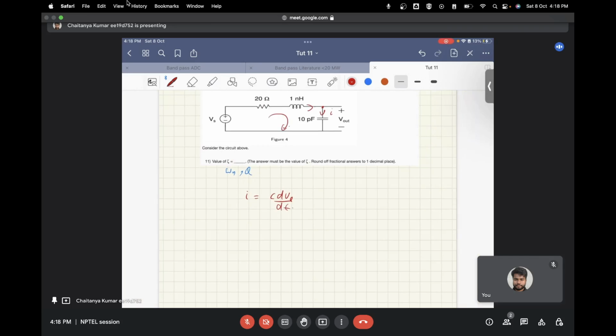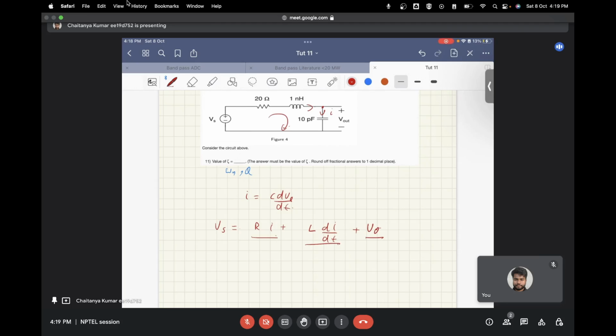So if you apply the KVL in this loop, you get Vs is equal to R times I plus L di by dt plus V naught. So L di by dt is the voltage developed across the inductor, I times R is the voltage developed across the resistor, and V naught is the voltage developed across the capacitor.